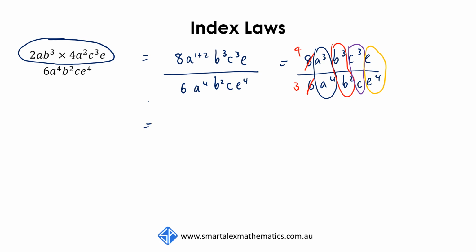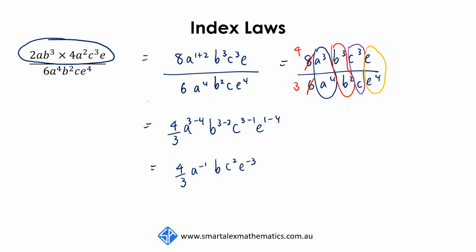So we're going to get 4 over 3 times a to the power of 3 minus 4, b to the power of 3 minus 2, c to the power of 3 minus 1, e to the power of 1 minus 4. This is going to give us 4 over 3, a to the negative 1, b, c squared, e to the negative 3.